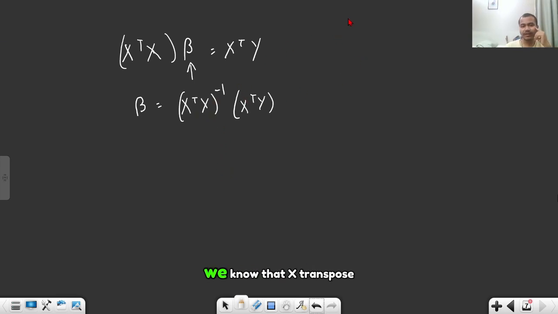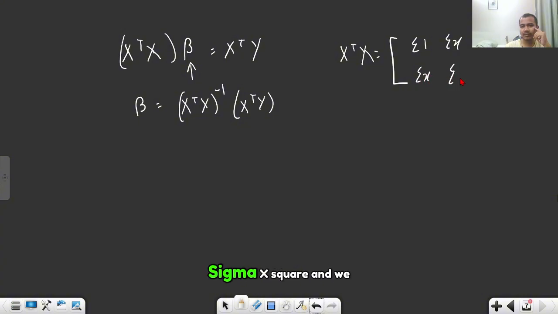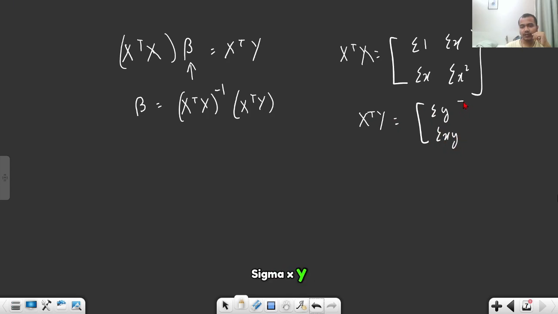And simply we know that x transpose x is nothing but sigma 1, sigma x, sigma x, sigma x square, and we also know that x transpose y is sigma y, sigma xy.